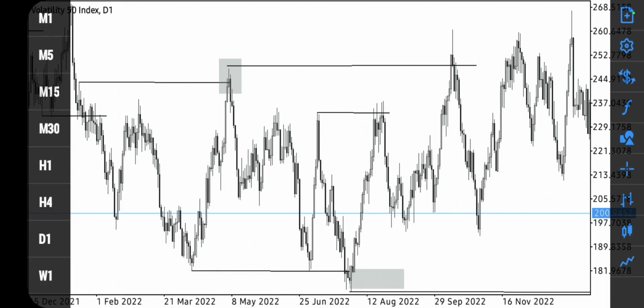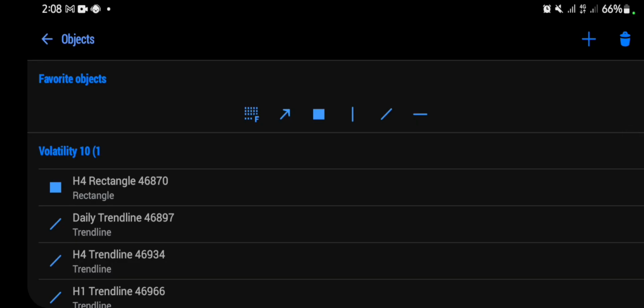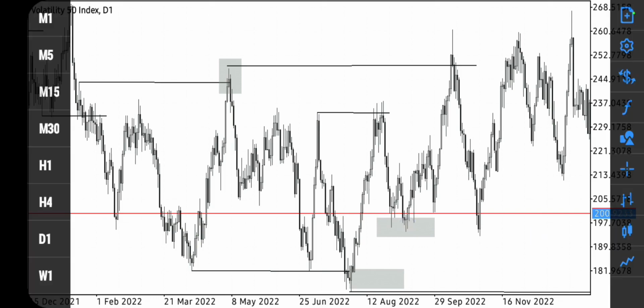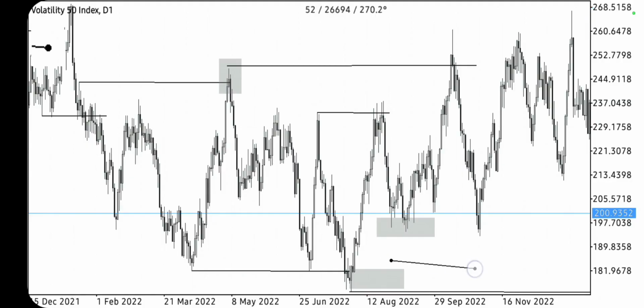The market came back and created inducement for itself. So here is my inducement for the first break of structure. The market entered the low. The market took out the low. Here we go.